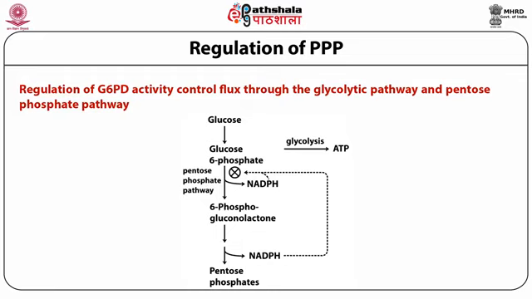Insulin, which is secreted in response to hyperglycemia, induces the synthesis of glucose 6-phosphate dehydrogenase and 6-phosphogluconate dehydrogenase, increasing the rate of glucose oxidation by the pentose phosphate pathway. The synthesis of glucose 6-phosphate dehydrogenase is repressed during fasting.